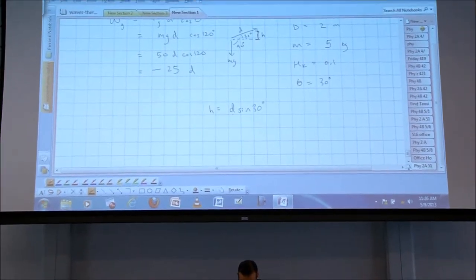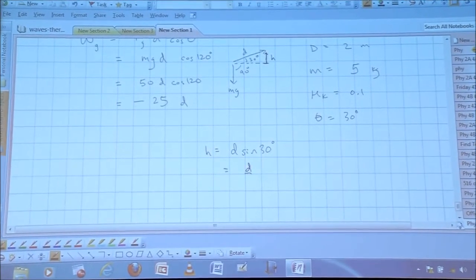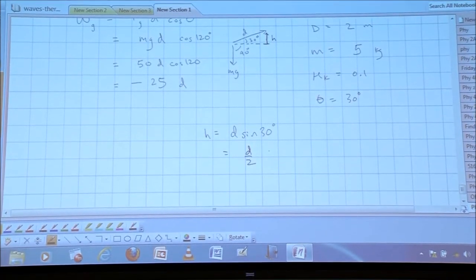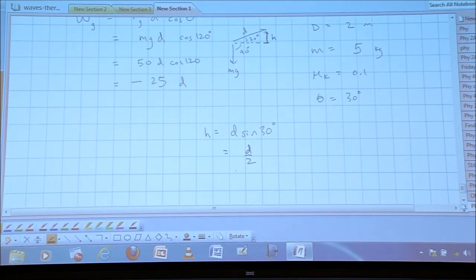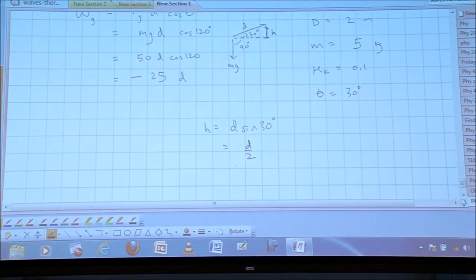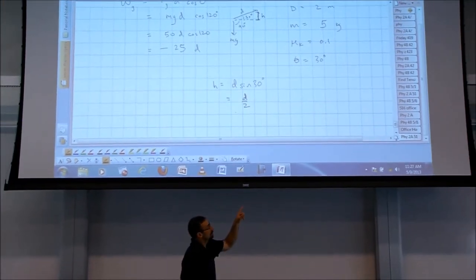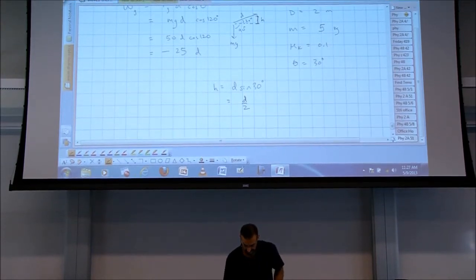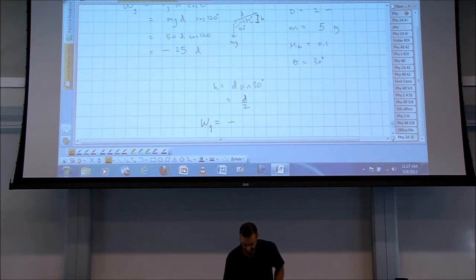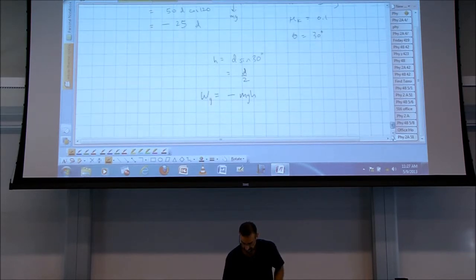What we end up with over here is 1/2 d, right? So if we just used our vertical distance and the fact that the force of gravity was going down, the vertical distance was straight up, we get a negative mg times h. We get the same result. Okay, same as if we used going up the incline.